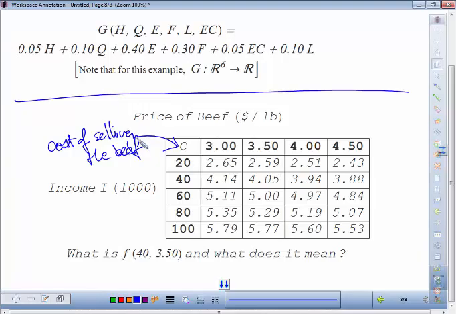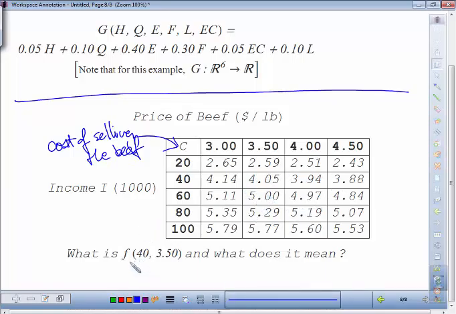This is how much, if you were a store like Safeway or Whole Foods, and you're trying to figure out how much you're going to sell your ground beef, you have to buy the ground beef, and then you have to determine how much your income is, and then this is going to be how much you're going to sell.